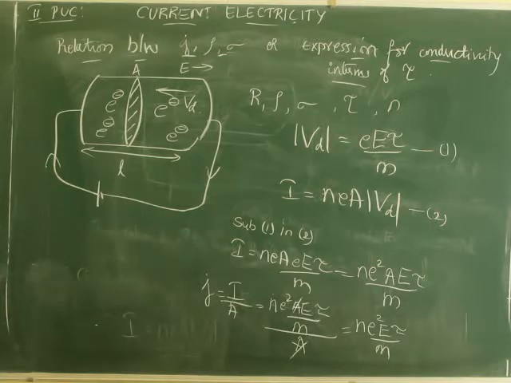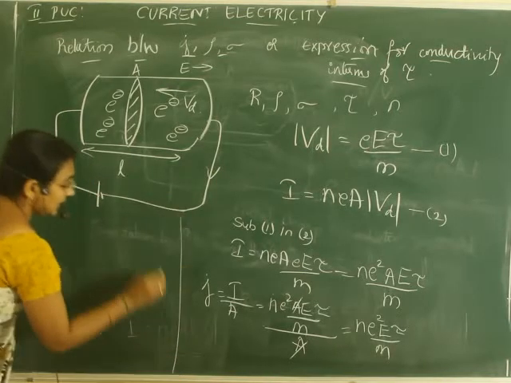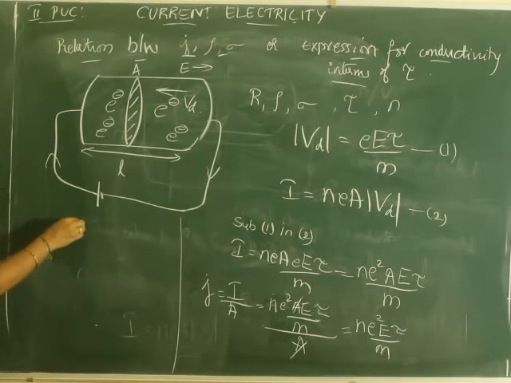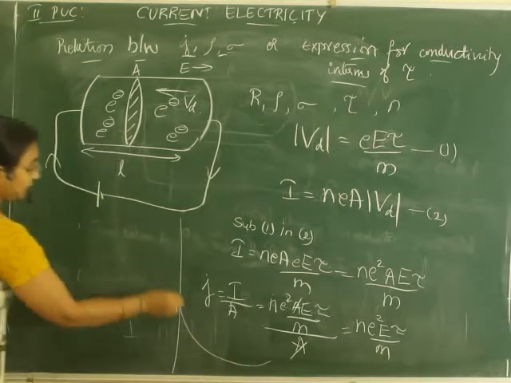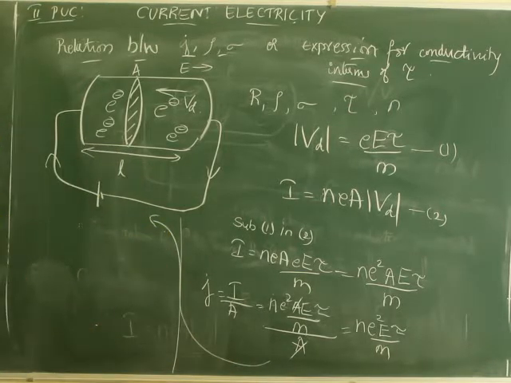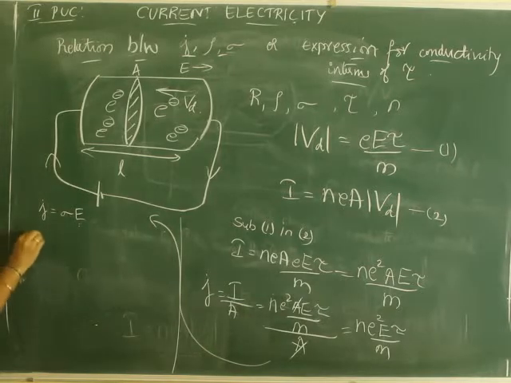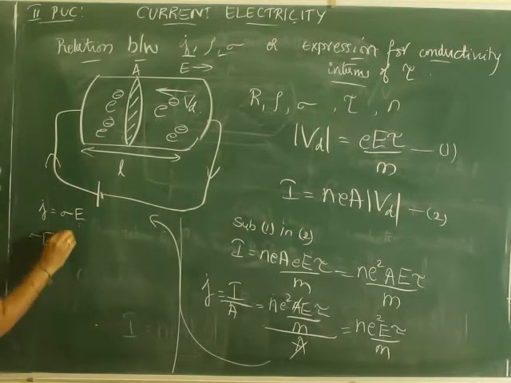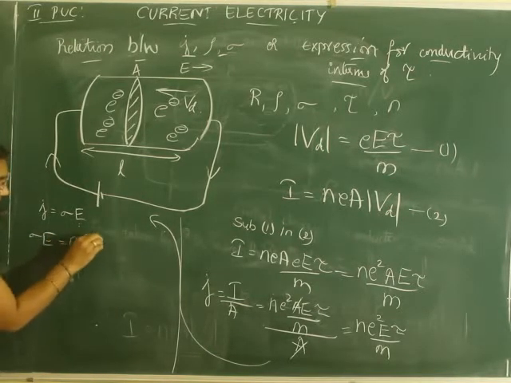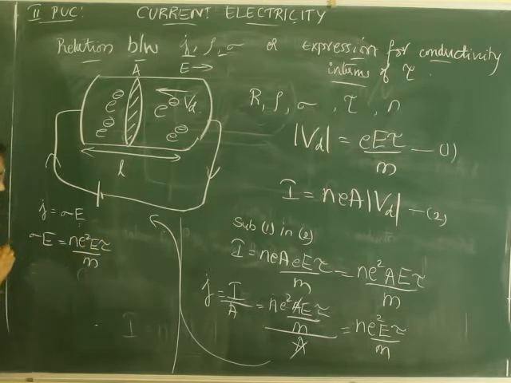Is there any relationship between conductivity and current density? What is the relation? Listen, after this step, you have to come here. We know that J = sigma E. Correct? So, can I write sigma E = ne^2 E tau/m?